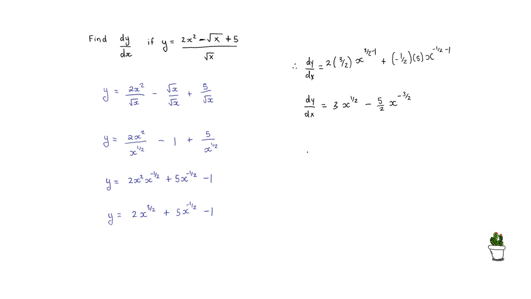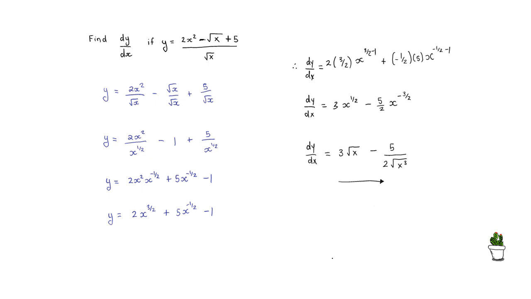Now it's just a matter of cleaning up. So dy by dx is equal to 3 times the square root of x, minus 5 divided by 2, times the square root of x cubed.